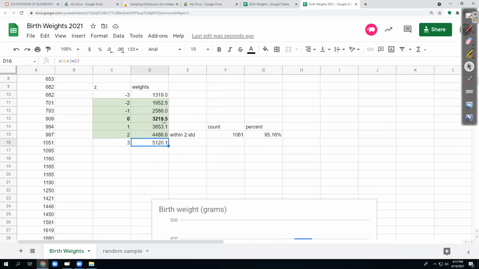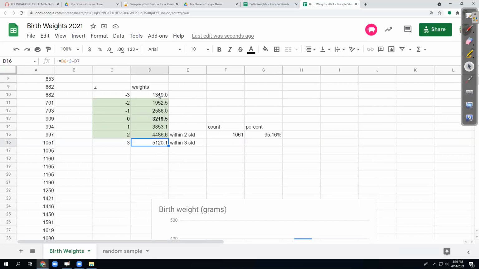If we made the same count within 3, let's try that one for fun. 3 standard deviations would be anything just above 1319 right up to 5,120. Now that was beyond my biggest number when we were looking at the histogram.